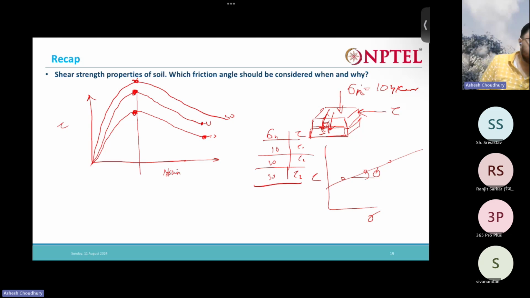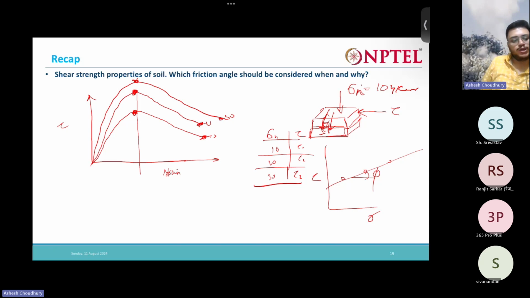Now, in some cases where the strain is very high, where you know that the loading conditions are going to generate very large strains, in that case we will take the residual values for the design. Else in retaining walls, very big slopes, very long or very large slopes or retaining walls, generally the strains are less.